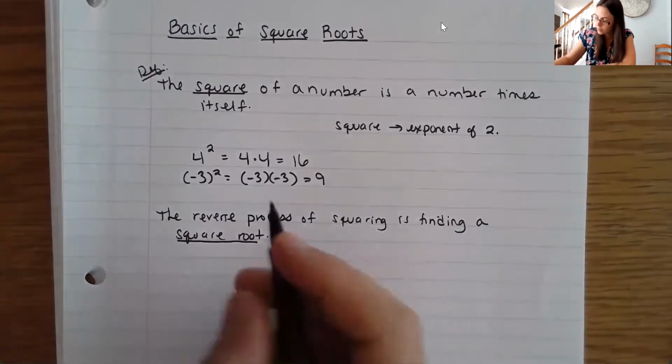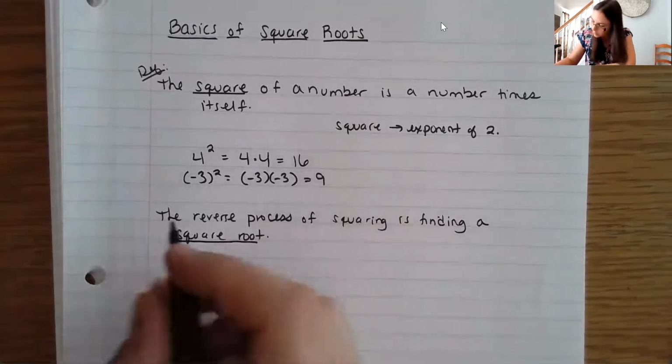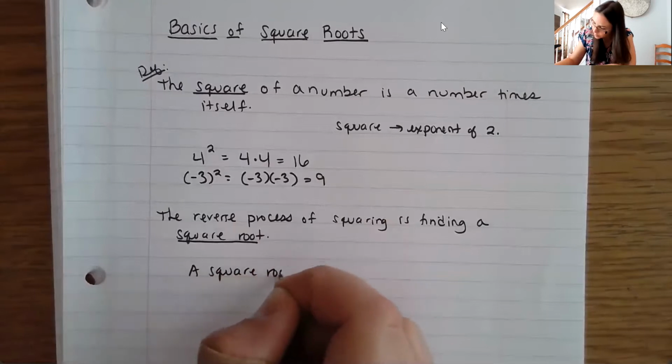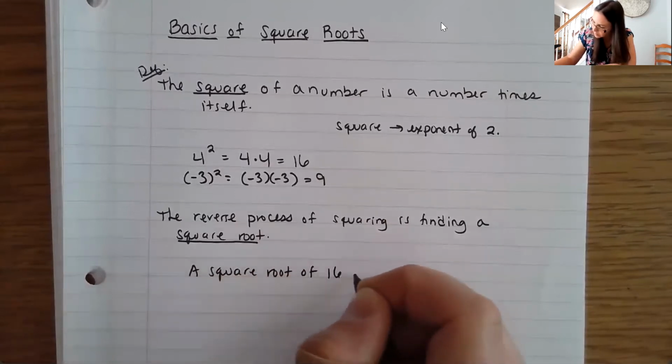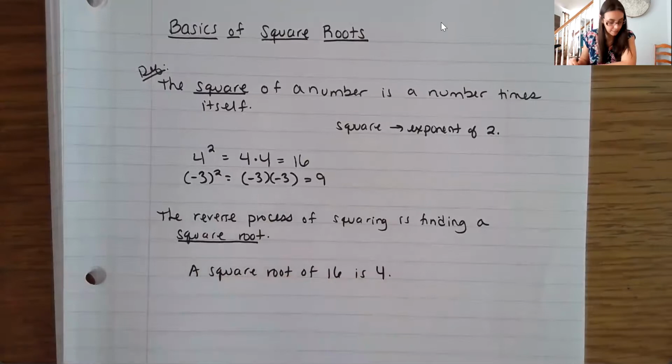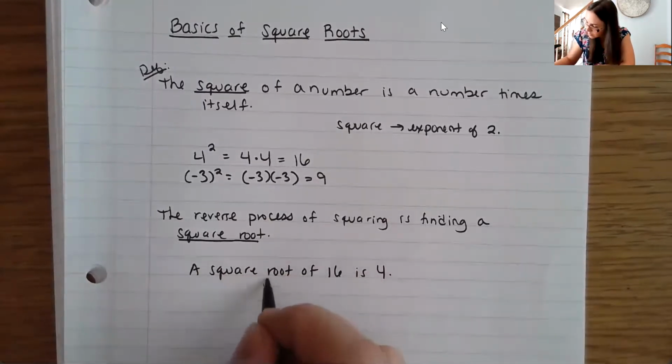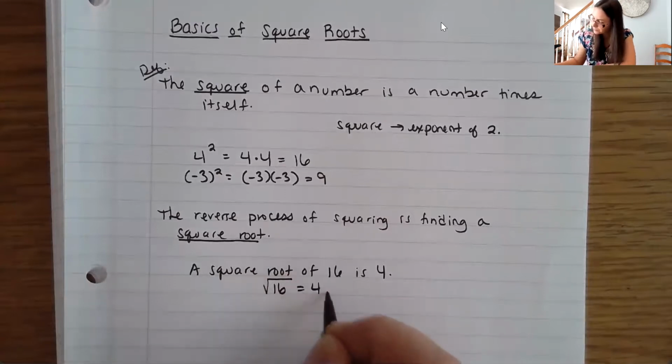So for example, let me use these two examples here. A square root of 16 is 4, for instance. And what we do is we write this as square root of 16 equals 4.